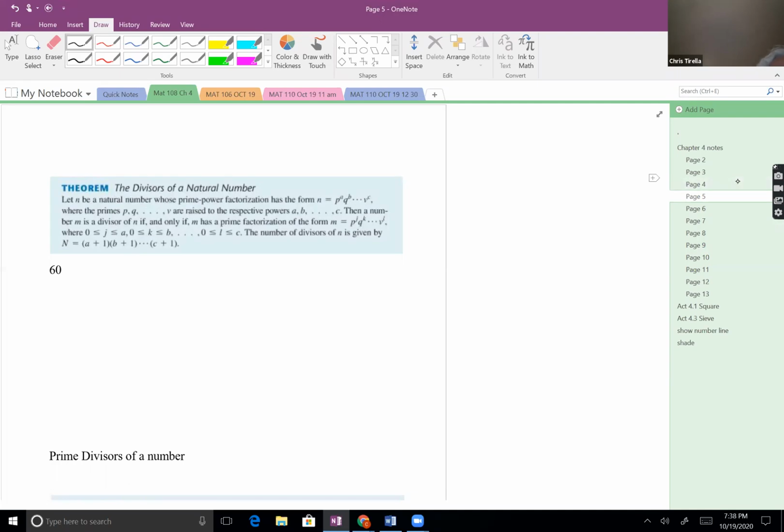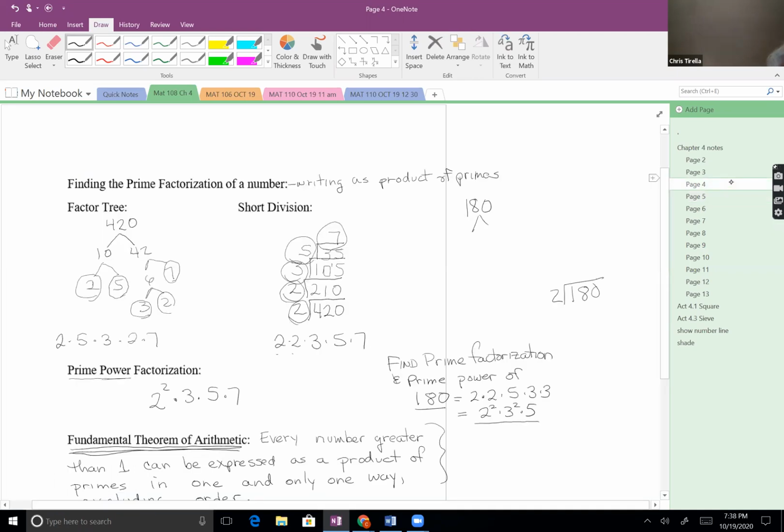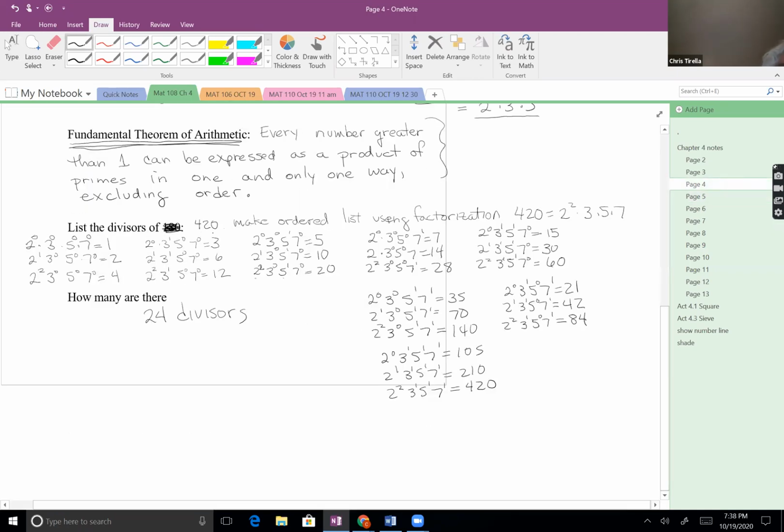If I go back to this first part, when I tried to show all of the divisors of 420, I looked at its prime factorization. I said, if it's going to be a divisor of 420, it's got to be powers of 2, 3, 5, and 7.